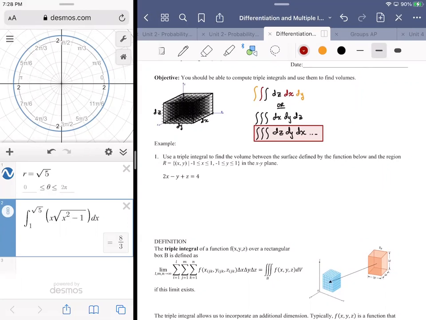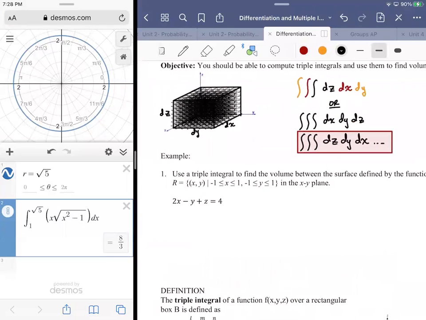Okay. So in number one, you see here it's asking us again to use a triple integral. And this is going to connect with what I was saying before about how we kind of already know this. So here's my z function. I'm going to solve it for z in terms of x and y.